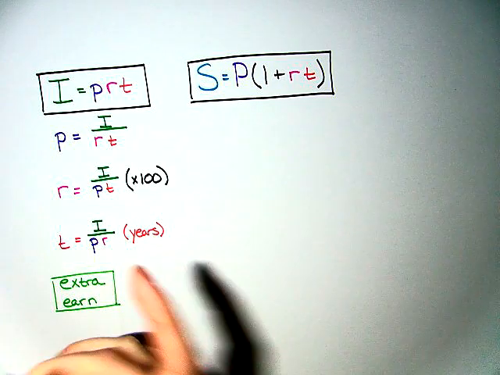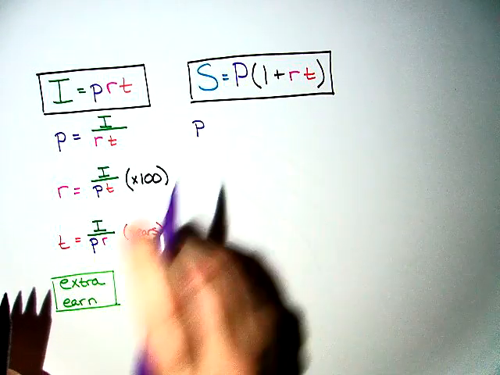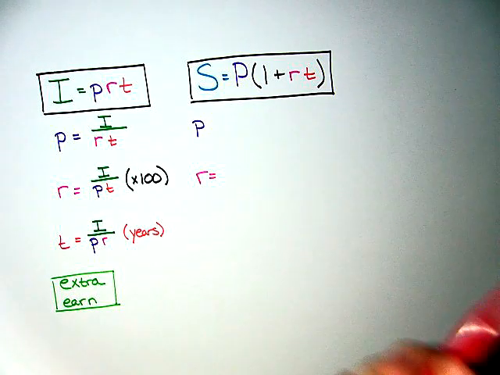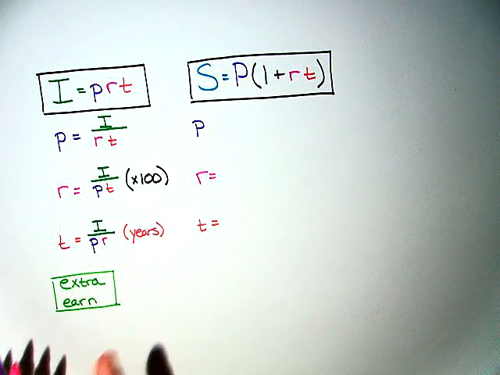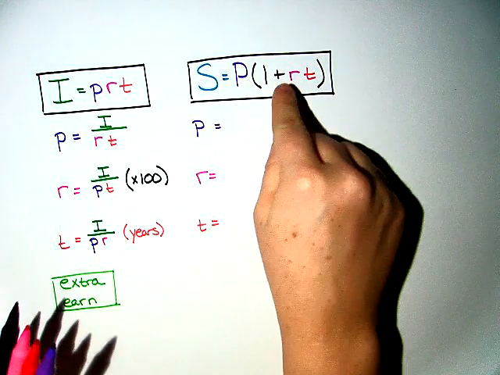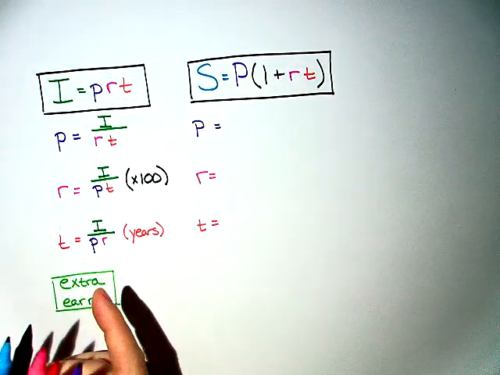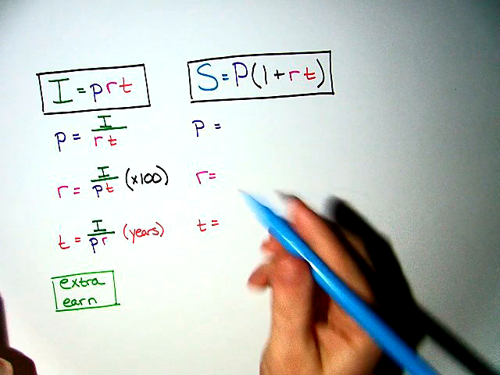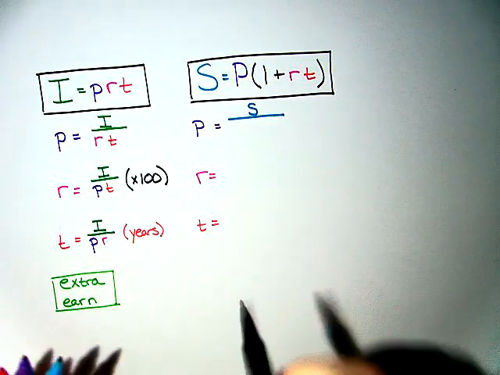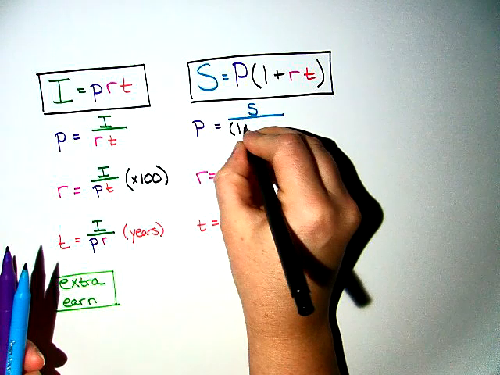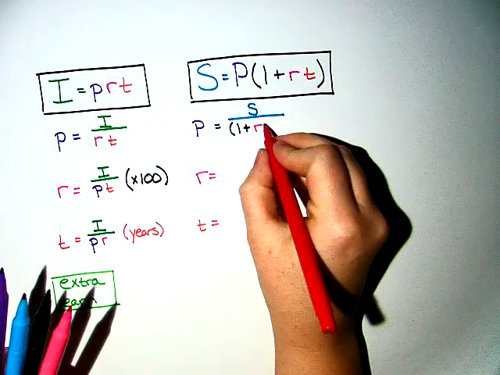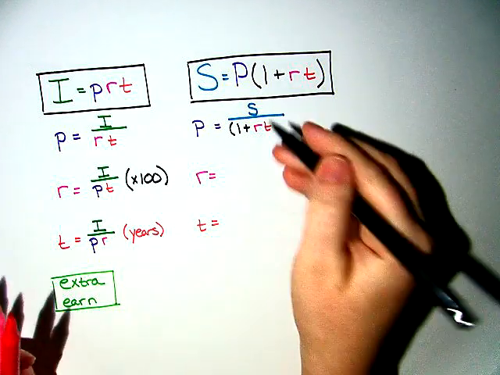There's one for your principal, one for your rate, and one for the time in years. Now just like this, you're going to be looking at moving the 1 plus RT over in order to solve. So principal is your summative value divided by 1 plus your rate multiplied by your time in years.